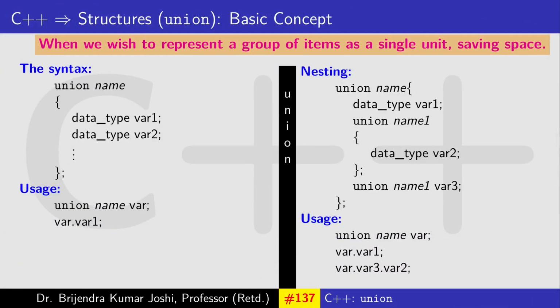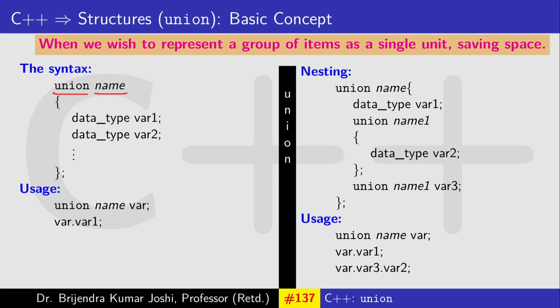Whenever we wish to represent a group of items as a single unit and save space, in those conditions we use unions. Now the syntax is just like the syntax of a structure. Union is a keyword, so we can use it only in the way it has been designed for or defined for.